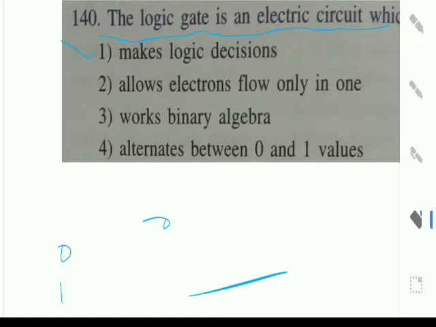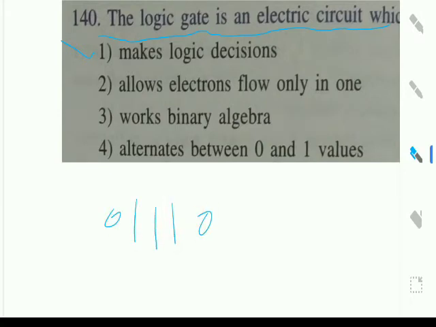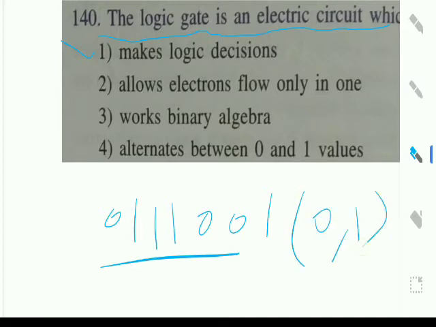And the third one works in binary language. These are also working in binary language. 0 1 1 1 0 0, whatever may be repeating, 0 and 1, only two numbers, so it works in binary language.